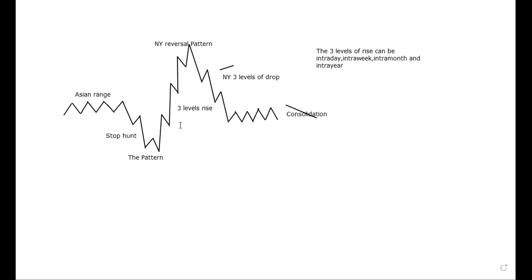So depending on the kind of trader you are, if you are a day trader, once you begin to see this consolidation over here, moving from here to here, then you see a movement from here to here, this Asian range, then you see a stop hunt phase, two levels of drop, one, two.